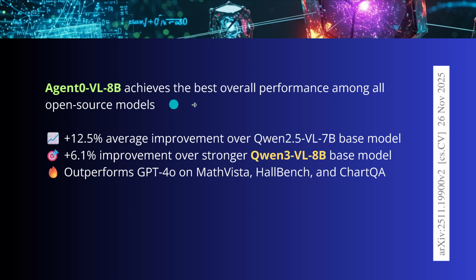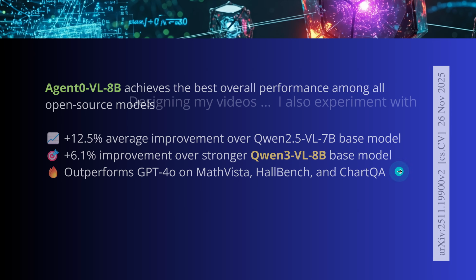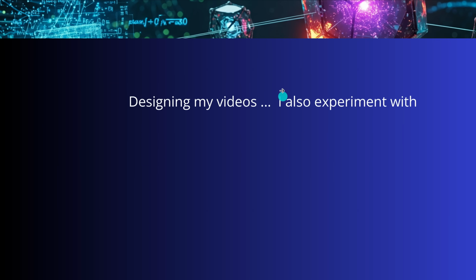And they said, we did it on 2 base models, on a Qwen 2.5 vision language 7B, and on a Qwen 3 vision language 8B base model. And in the one case, we had an improvement of 12%, and in the other of 6%. And plus it outperforms the GPT-4 Omni, maybe you don't even know this, on different benchmarks. So for an 8B model to outperform a GPT-4 Omni, this is now interesting. Let's have a look.